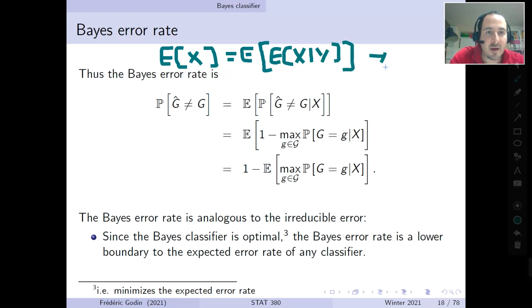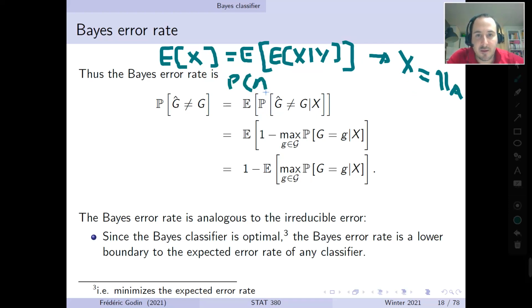And here, if x is an indicator variable which equals one if event A occurs, then this becomes the probability of A, and the conditional expectation becomes a conditional probability, the conditional probability of A given x.